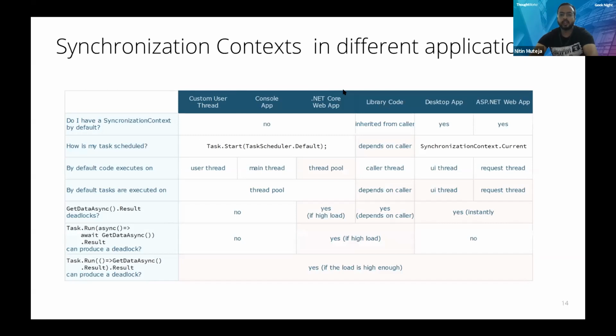We earlier talked about synchronization context. I can say that synchronization context is kind of an object which helps you synchronize the different asynchronous methods. Let's talk about a UI-based application. You have a UI context.